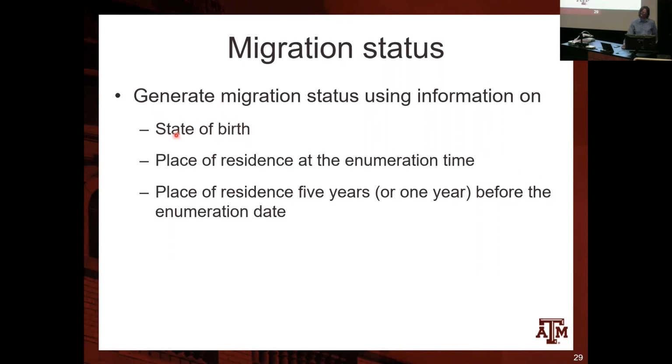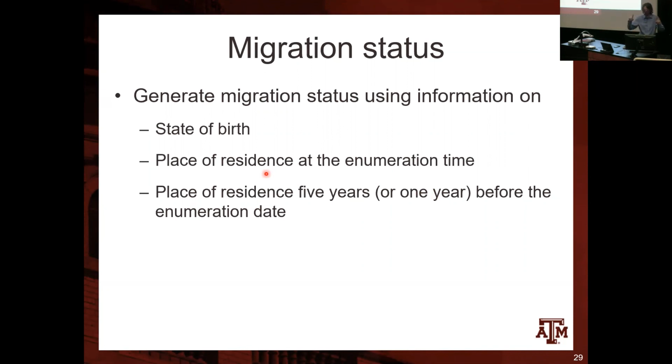And we can use the information about where the person lives right now and where the person was born in order to create this measure of migration status. Or I can get the place of residence 1 year before based on the ACS and the place of residence right now to measure the migration in more recent years.